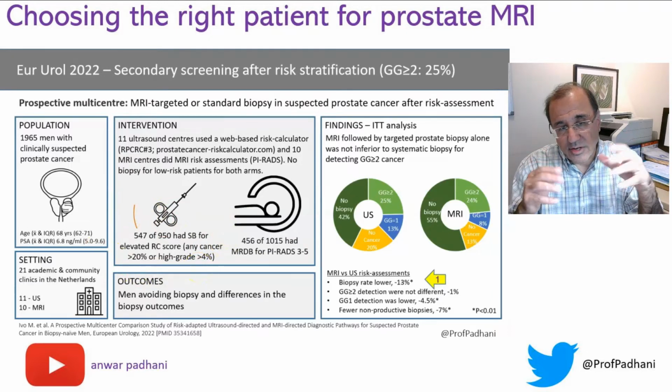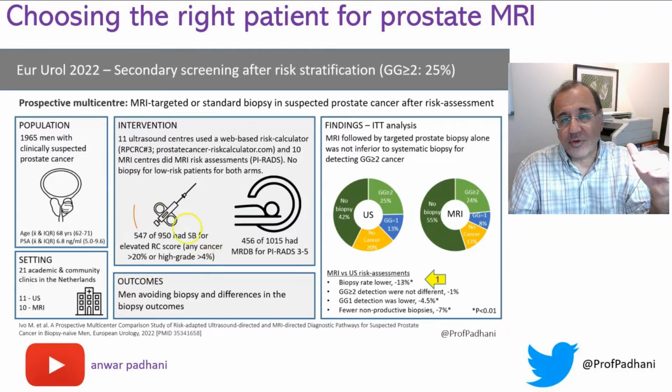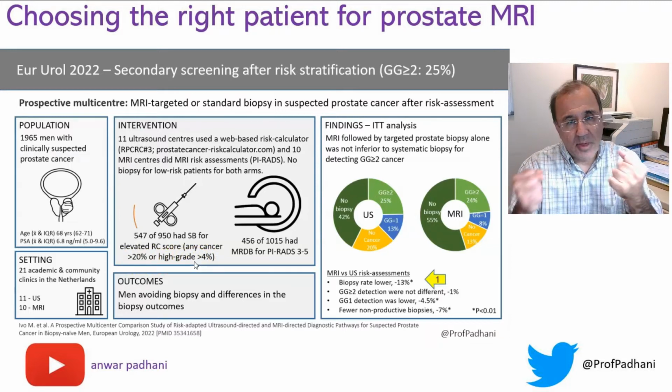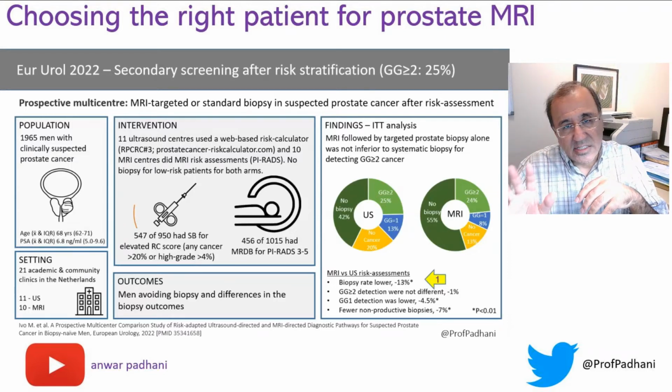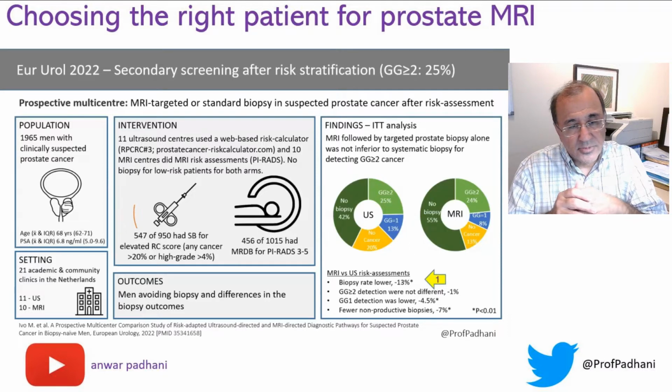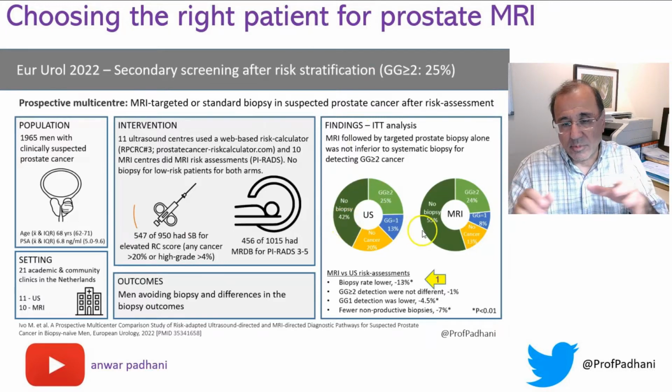Now you'll see on the left-hand side that the threshold for the risk calculator is any cancer risk of more than 20% or more than a 4% chance of having a high-grade cancer. So let's just compare the outcomes of these two strategies. On the right-hand side, you can see the main data. You can see that more men avoided a biopsy, about 13% less using the MRI approach.